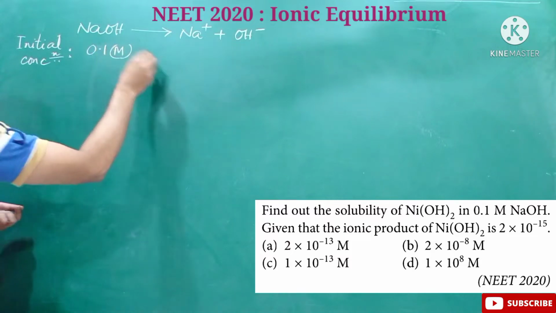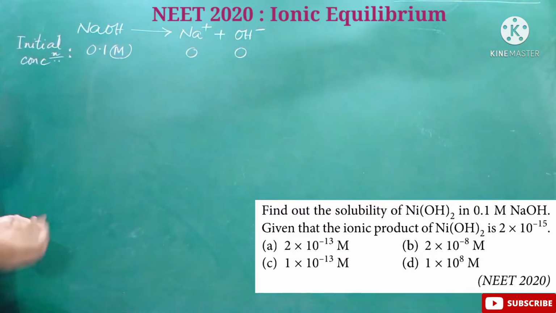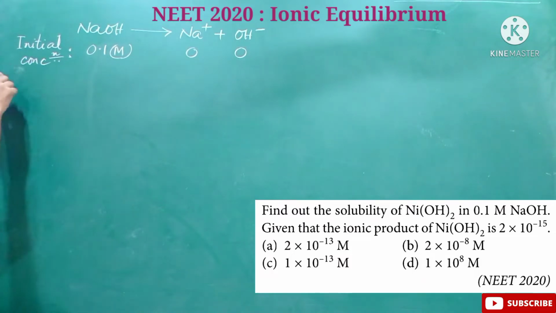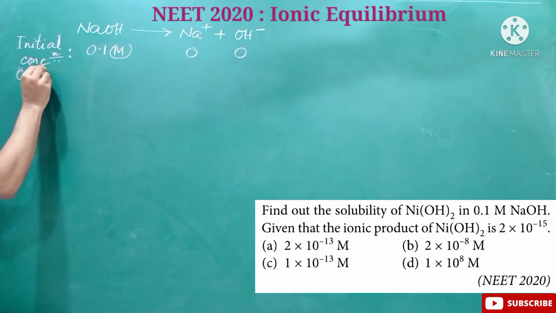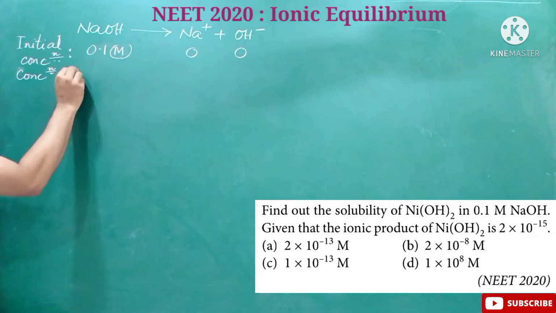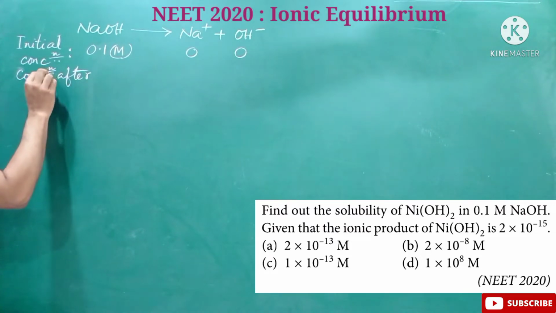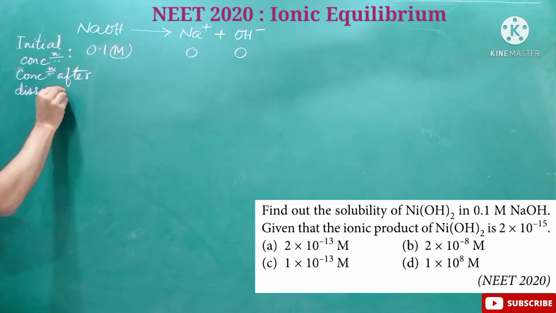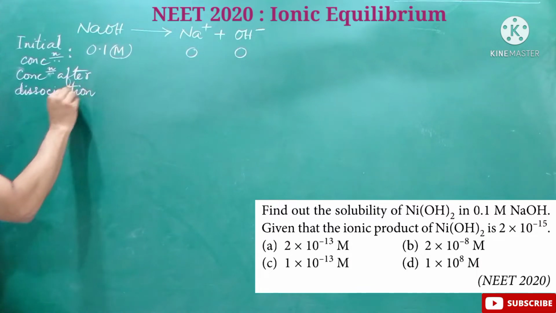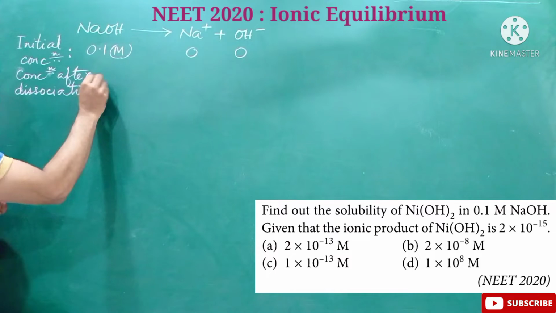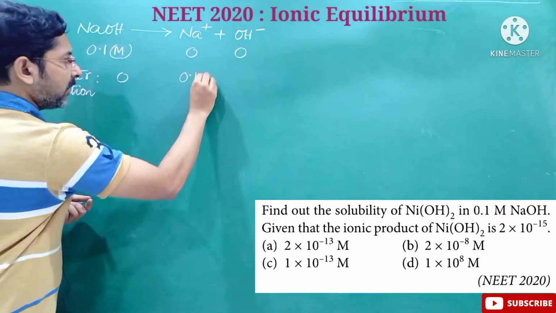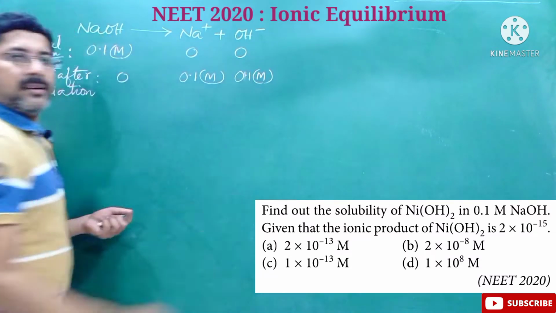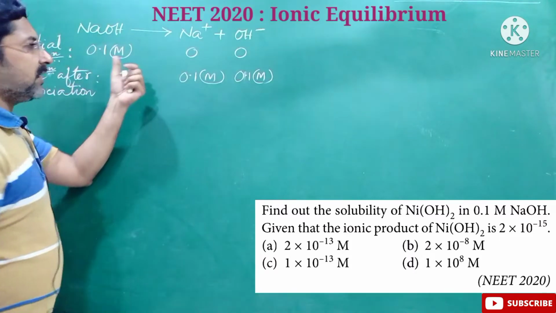Initially Na plus and OH minus were absent, and after dissociation, the concentration will be 0.1 molar Na plus and 0.1 molar OH minus, because sodium hydroxide completely dissociates into its ions.